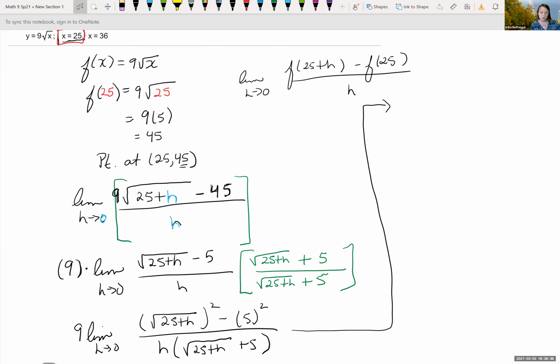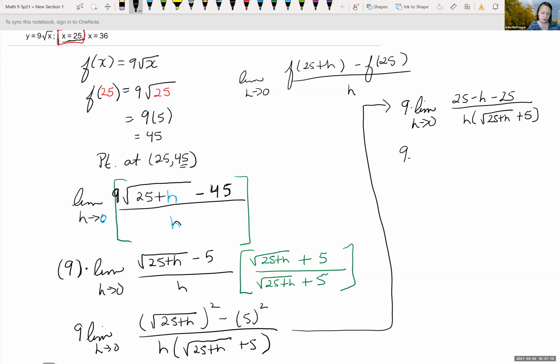If you square a square root, the square root falls away, and we are just left with the radicand, that's just what's underneath the radical. So I have 9 times the limit as h goes to 0. Squaring the square root, we get 25 plus h minus, and then squaring this 5, we get 25, all over h times that quantity, the square root of 25 plus h, and then outside of the radical, plus 5.